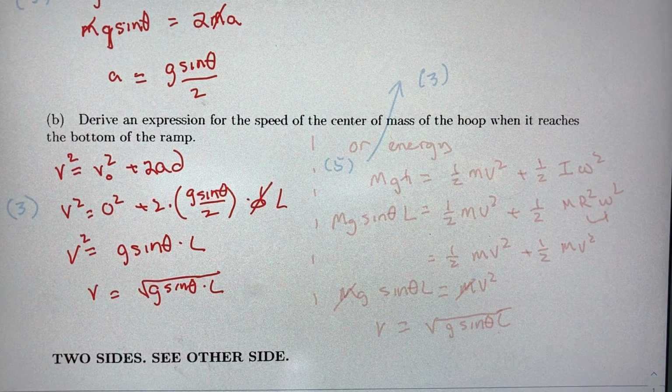Okay, so if you use energy first, the first two parts, you could grade them two ways. You can do them with the energy first and then use kinematics to find the acceleration. If we do energy, we have potential energy.